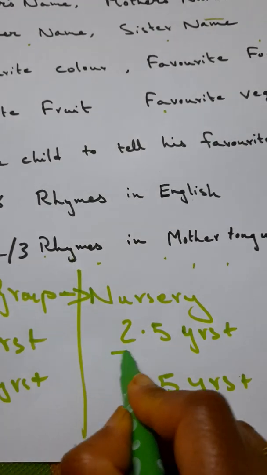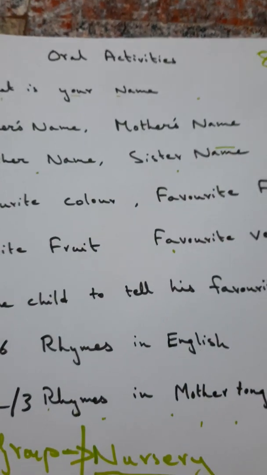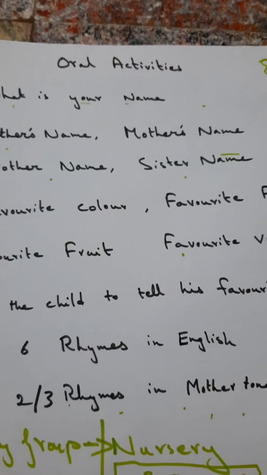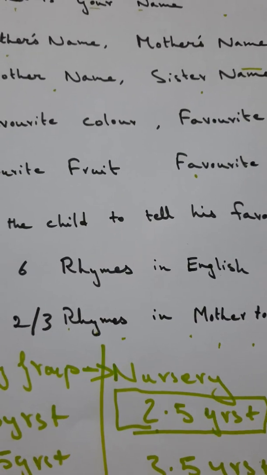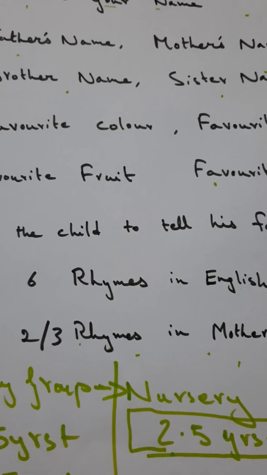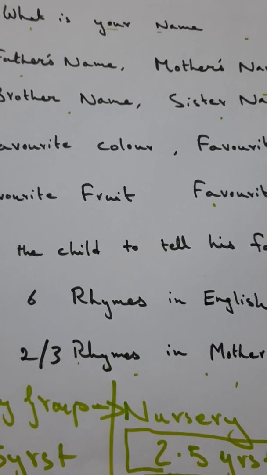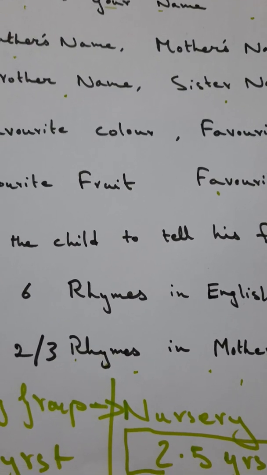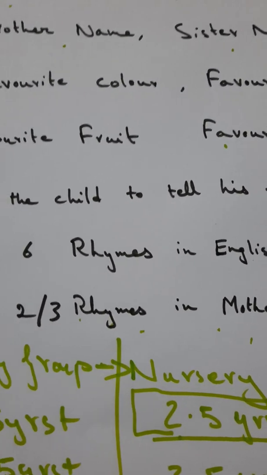So within the age of 2.5 years, the child must have at least the basic knowledge of the playgroup syllabus. He must be well versed in oral activities and also be able to write standing line, sleeping line, and also trace other pre-writing strokes like circle, so that it is easy for the child to write alphabets that are required for nursery class.